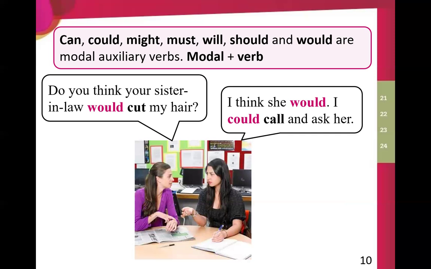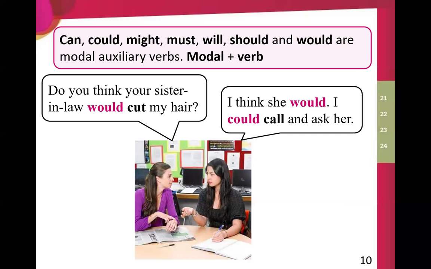So the verb cut is the main verb here in the sentence, but we use it in infinitive form, and we use would before it as an auxiliary, and it adds another meaning for the verb cut. Do you think your sister-in-law would cut my hair or could cut my hair?